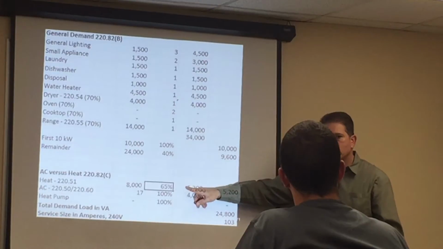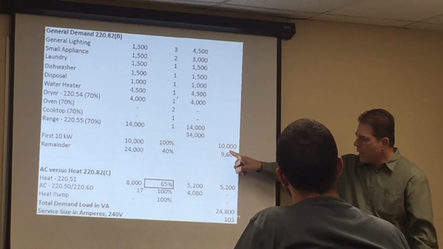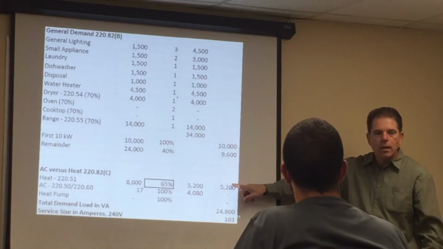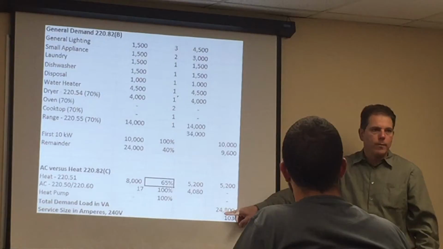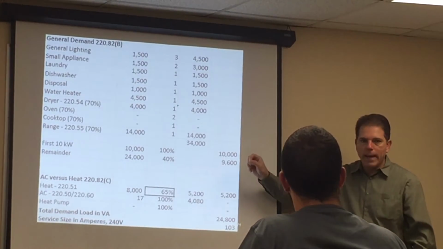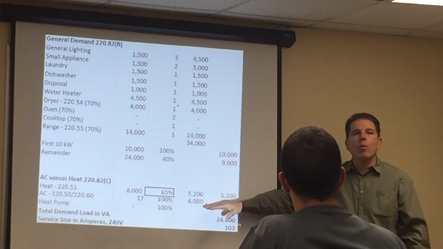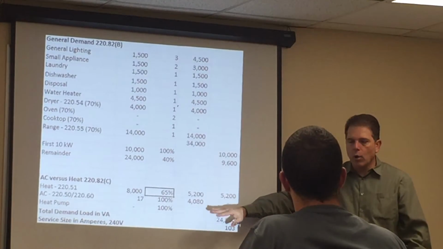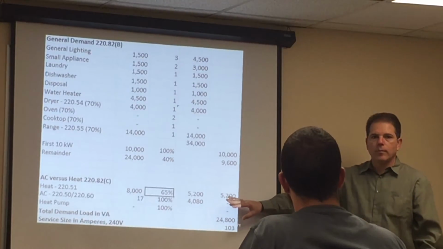So now we're going to take this number over into the column, and now we're going to add up B and C. And now we have our answer. We do B, we put the demand on it. We do C, we figure out what the calculated load is for the larger of the air conditioning or heat. Then we add the two together.